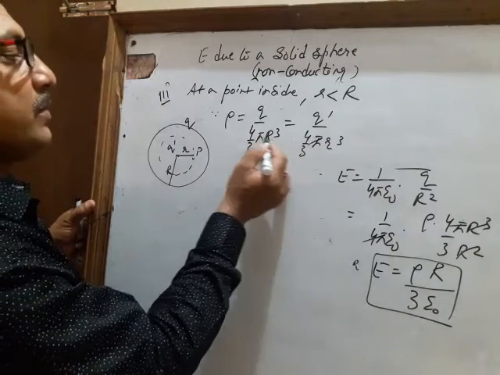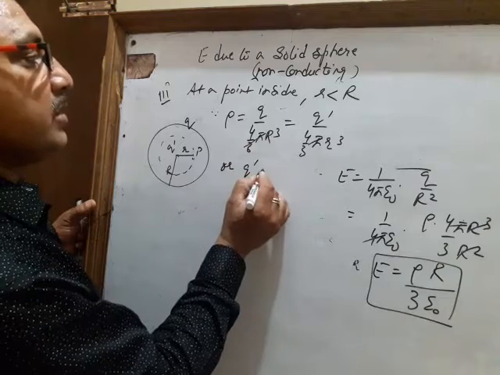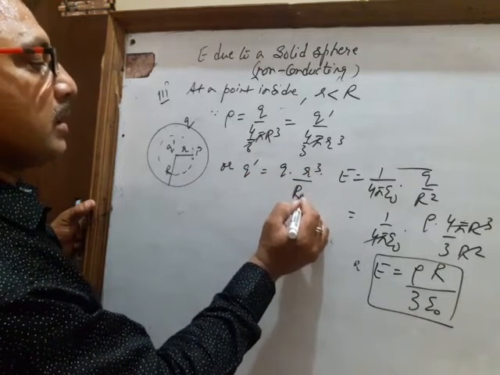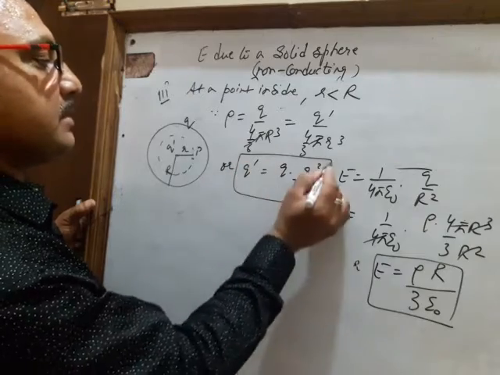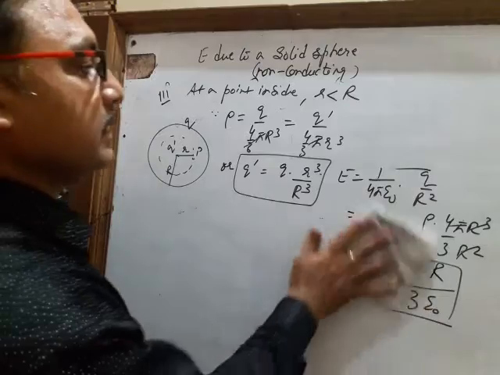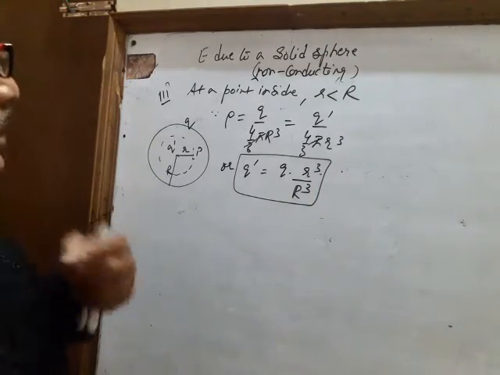This is same. From this you can find Q dash equal to Q into small r cube upon capital R cube. This relation you have got, you can utilize it in the derivation. Just now I will show you how to utilize it.